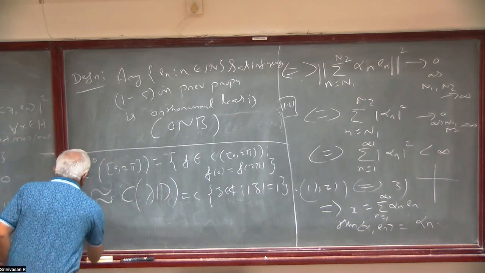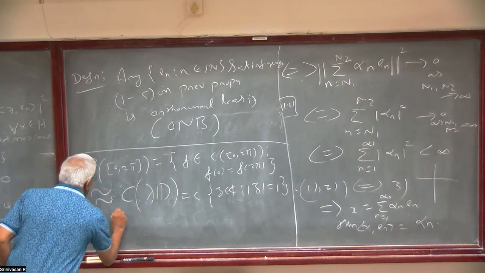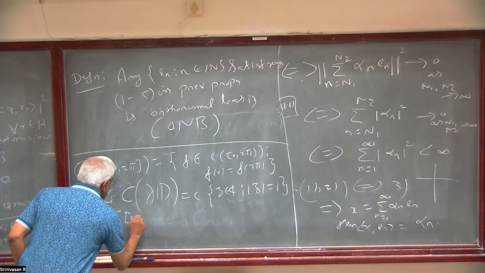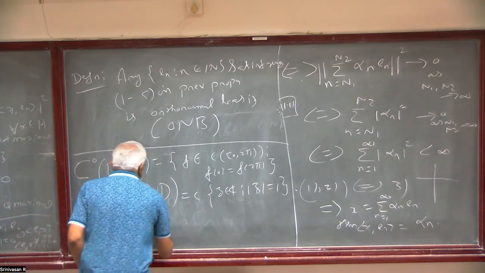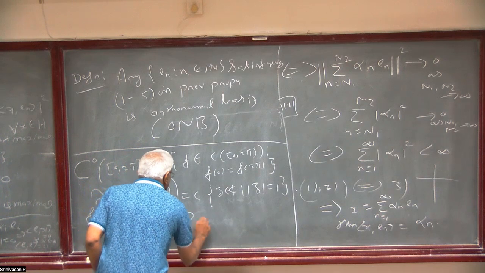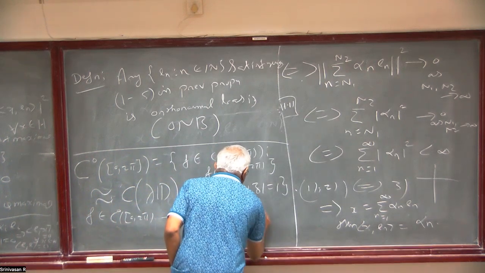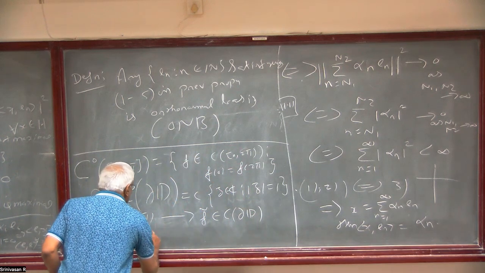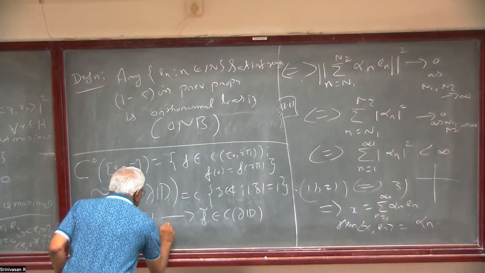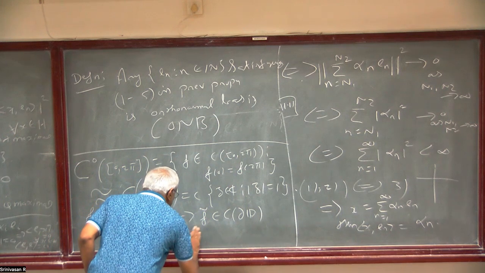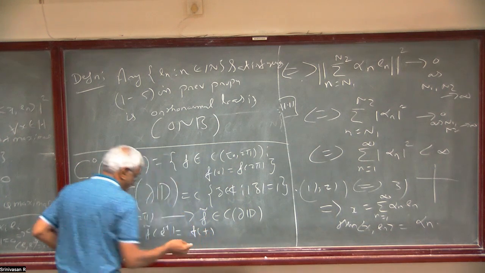If you take an f in C0 of 0 to pi, you define f tilde in C of the circle by f tilde at e to the power it equal to f of t. That's all.